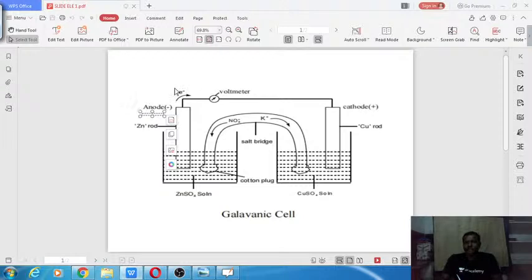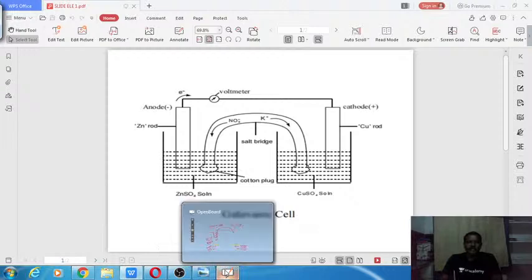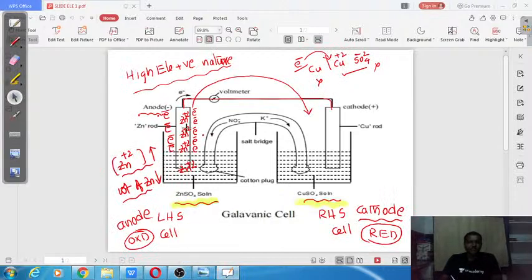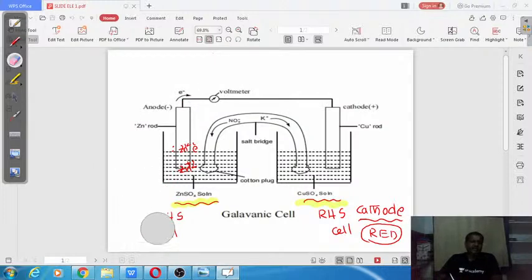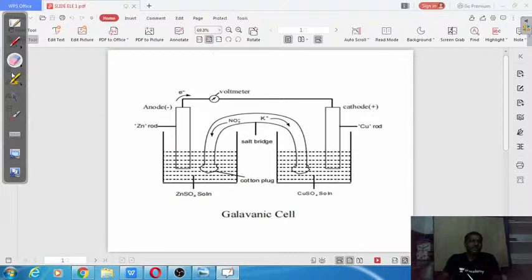So, look carefully again. Due to oxidation and reduction, electrons are transferred from anode to cathode. At the zinc rod, oxidation takes place.